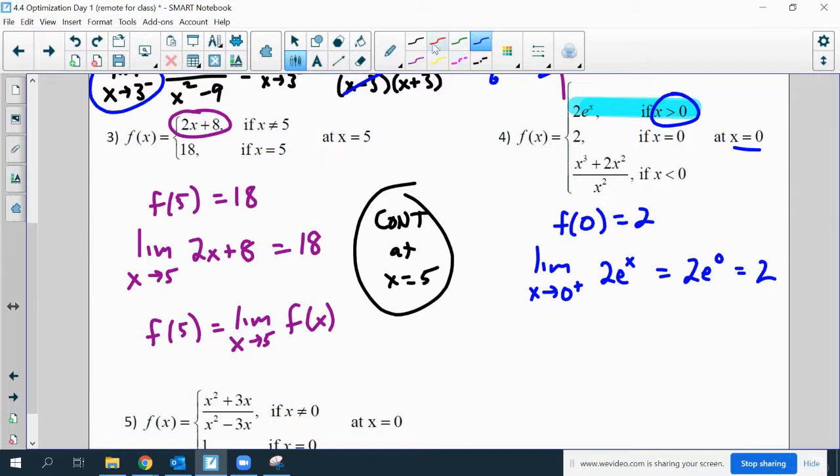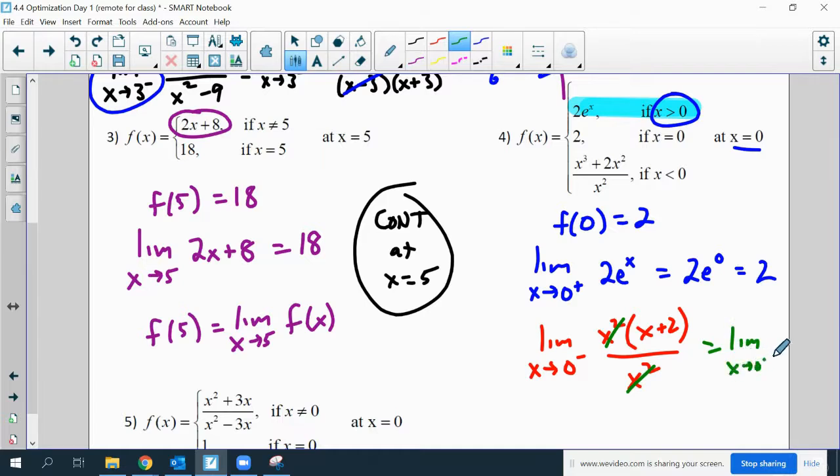Both of these are 2, so I can continue and see what happens as the limit as x approaches 0 from the left. So I'm going to factor out the x squared in the top. And then I can cancel these x squareds. And now I have a direct substitution situation. So the limit as x approaches 0 from the left of x plus 2, I can just plug in 0, and that's 2.